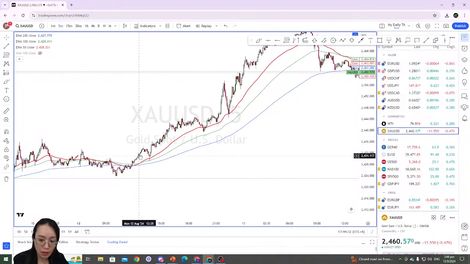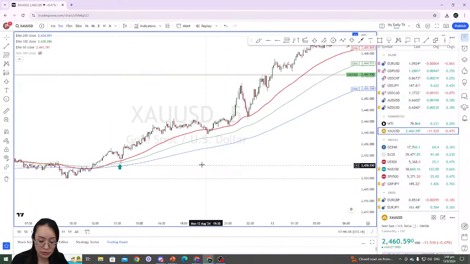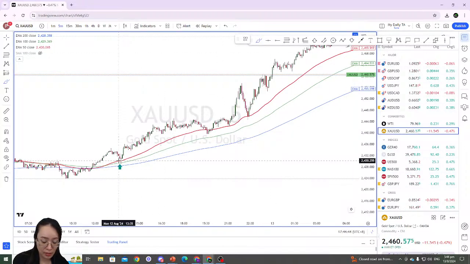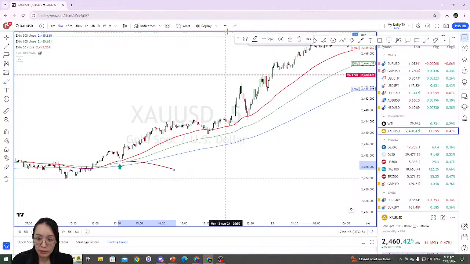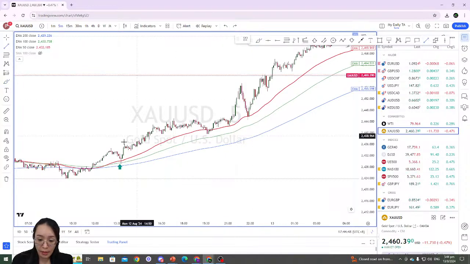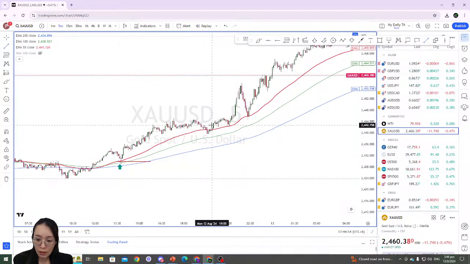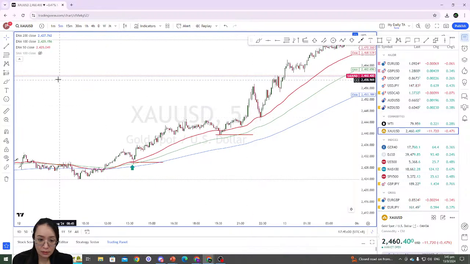Once price crosses above and pulls back, this is a very lovely buy entry here with the price action. You can see this one, right? Let's say you enter a buy order here, you buy gold over here. Once price pulls back, you have another entry, go here for the buy entry, come back, pull back, have another buy.